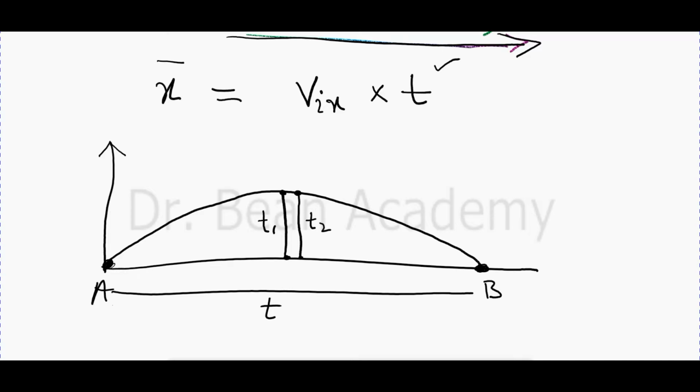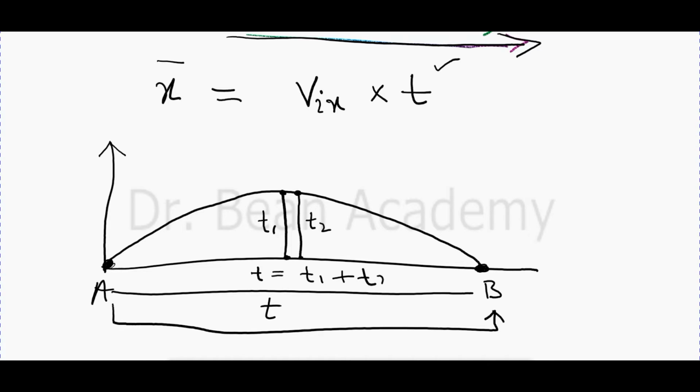So if the total time from A to B is t, then t equals t1 plus t2. That was projectile motion, where a body reaches a maximum height and then goes back to Earth.